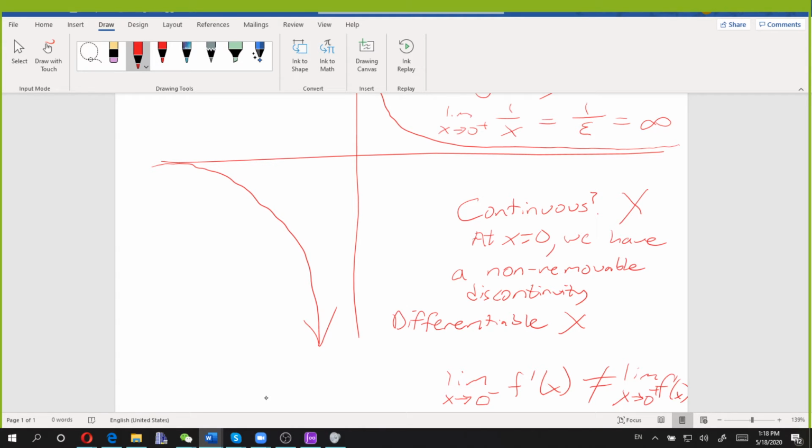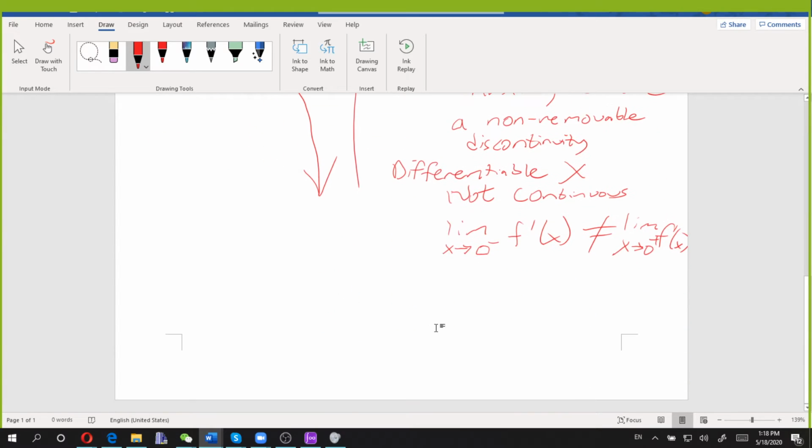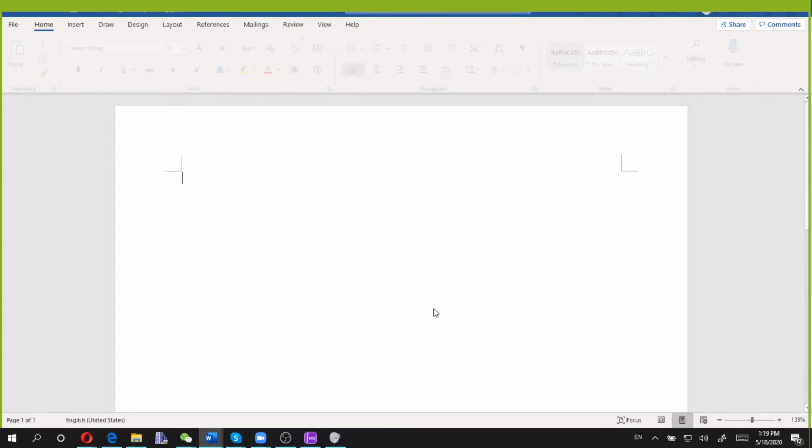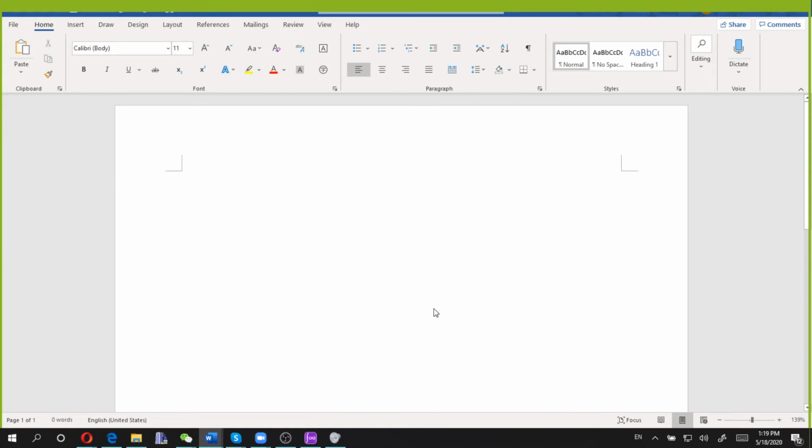It's not continuous. So, we're not differentiable on two counts. Okay. Try a couple more.